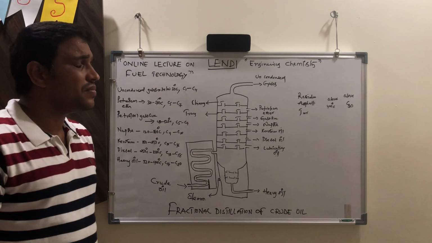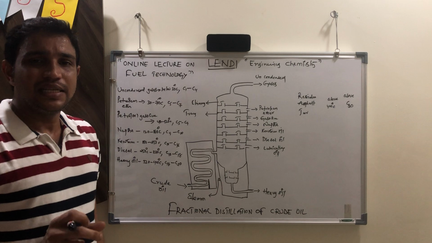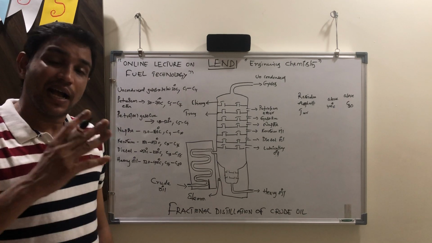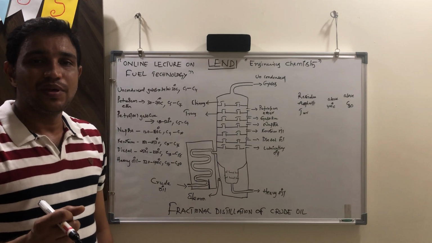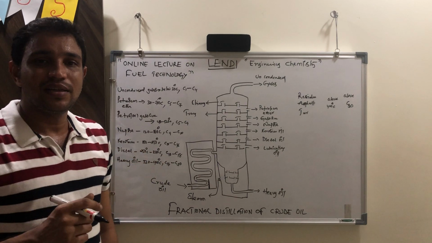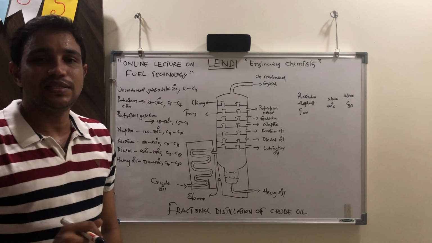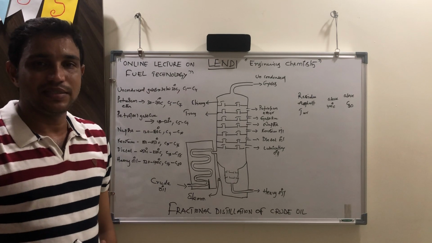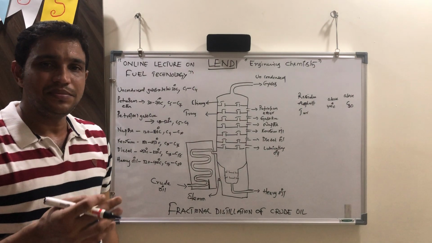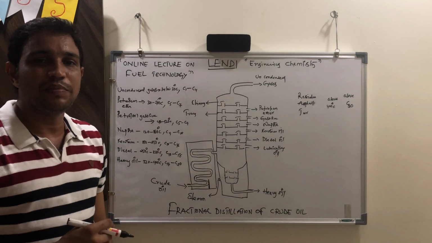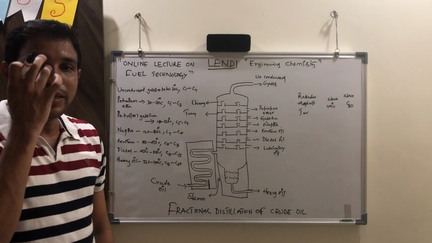So petroleum contains carbon and hydrogen. The carbon and hydrogen chain may be olefinic, straight chain paraffinic, cyclic paraffinic, or aromatic. That depends. Along with carbon and hydrogen, oxygen also will be present, and sulfur also will be present.